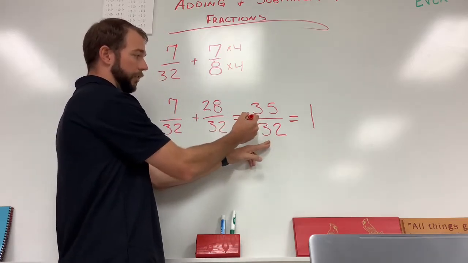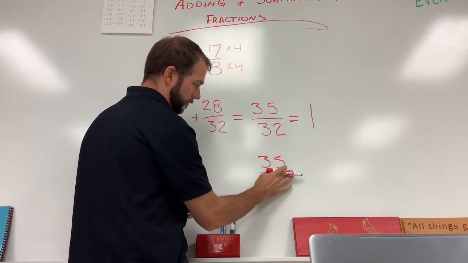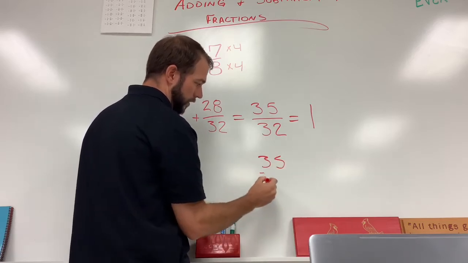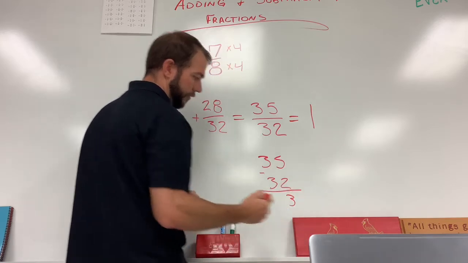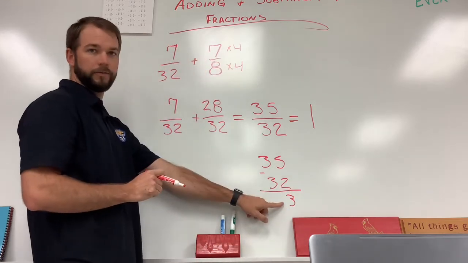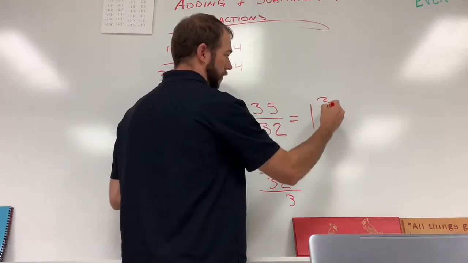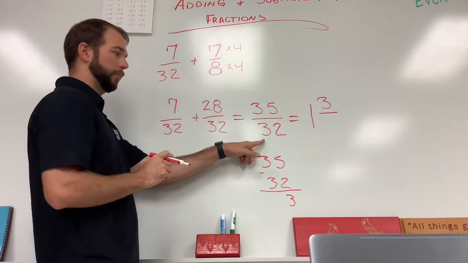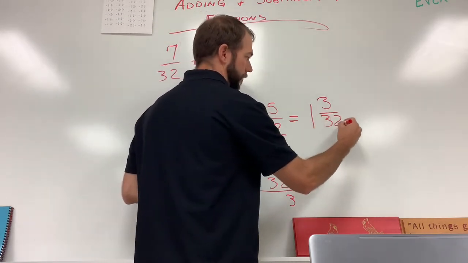You subtract that from 35. So 35 minus 32 equals 3. So that's our remainder. Whatever we're left over with, that's our top number. And then our bottom number again is just going to continue to stay the same as the 32.